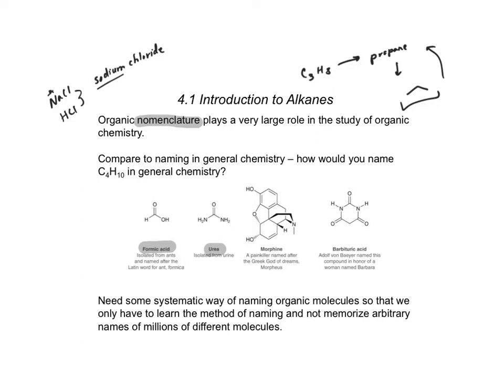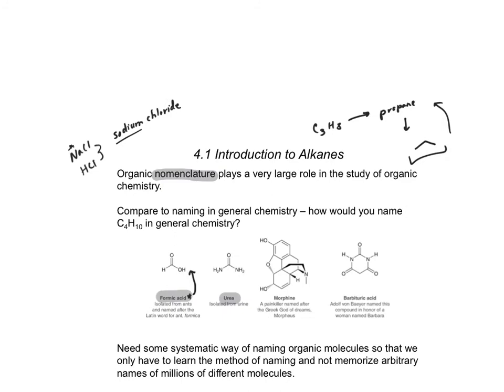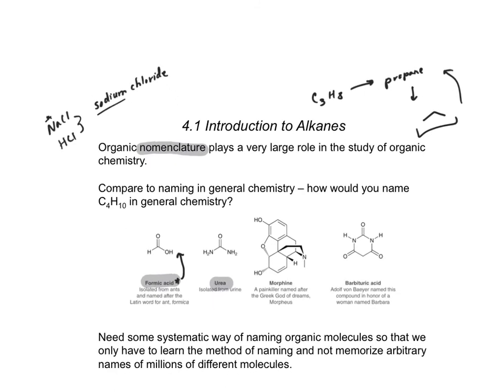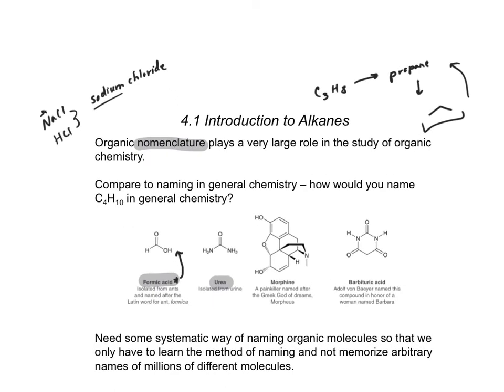Now, hopefully, you should be able to see that if I say I'm dealing with formic acid, there is nothing in this name that would give me any indication, besides the acid part maybe, of what the actual structure of this compound is. Same thing for urea. There's nothing in this word, urea, that gives me any indication of what the overall structure is, right? So this is an issue.